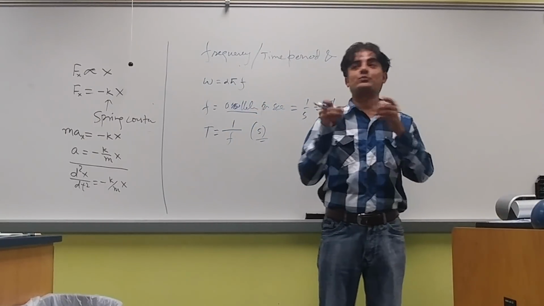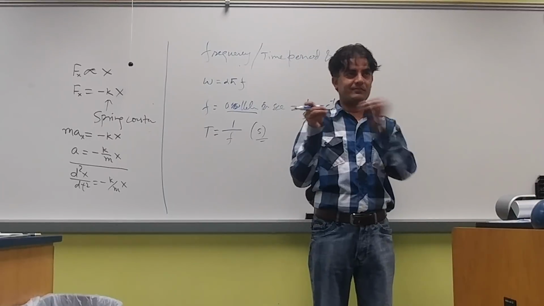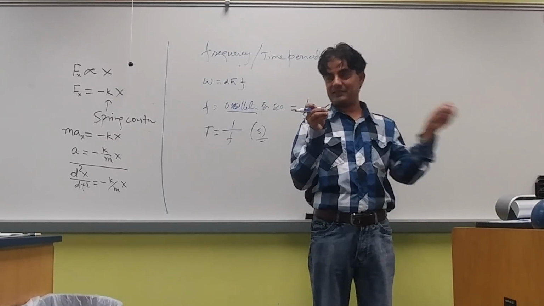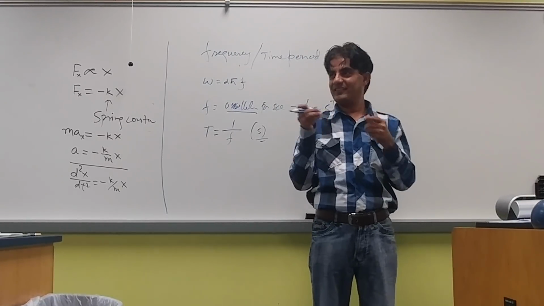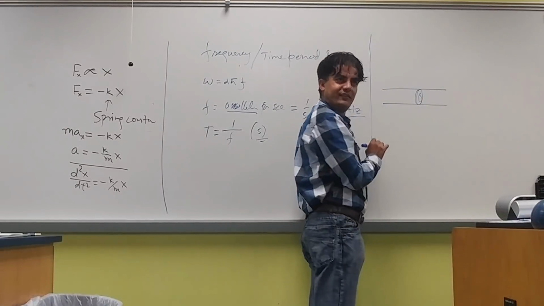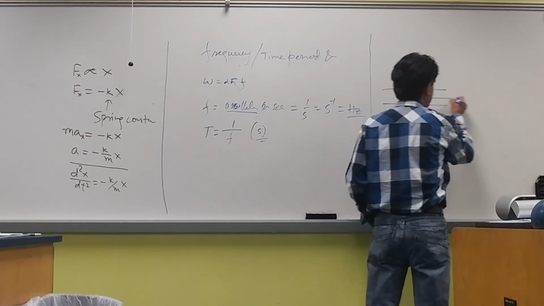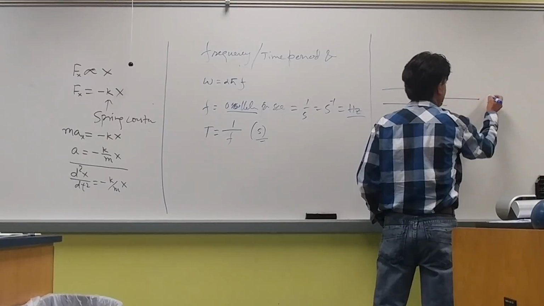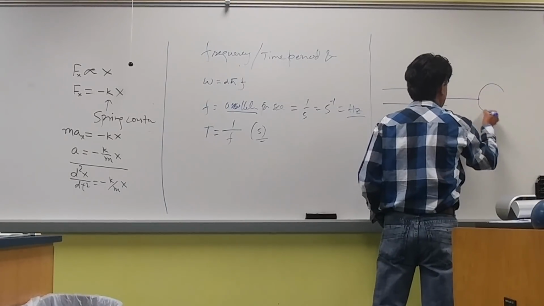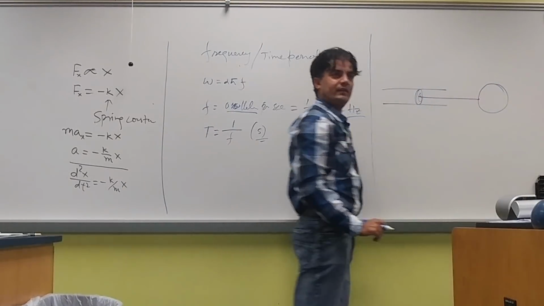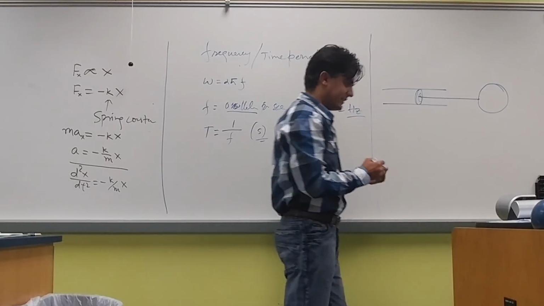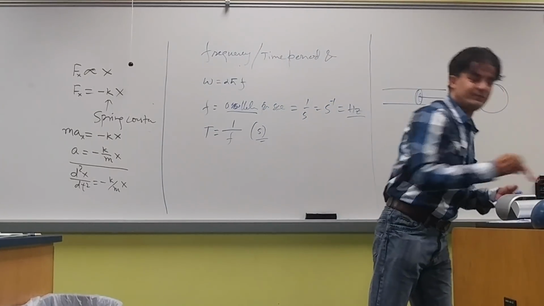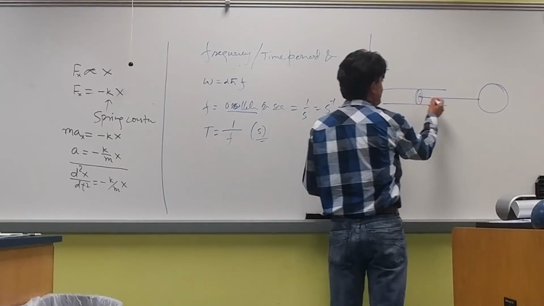And the frequency is, in 1 second, how many oscillations, meaning front and back, how many of those time periods will be there? You have a piston here, and the piston is connected to a wheel. This is a wheel. Now let me use another ink, let's say red.